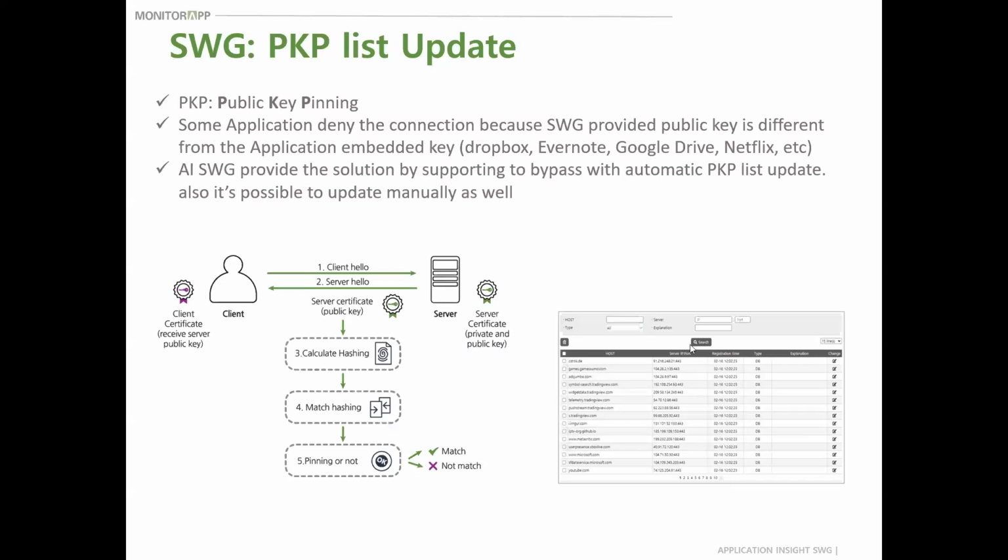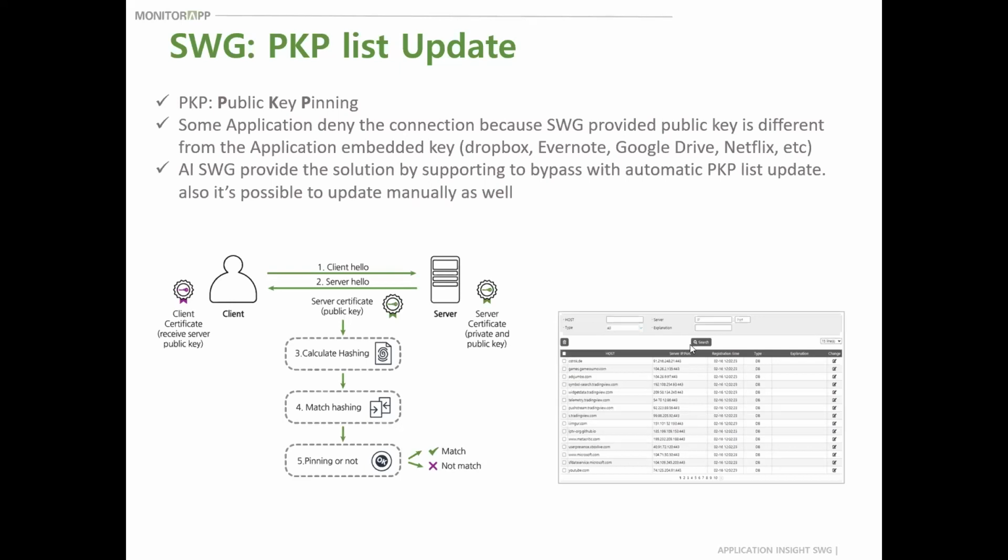When you're talking about SWG, the PKP list is also very important. Here, PKP means public key pinning, and this is required because some applications, especially native apps such as Dropbox, Evernote, and Google Drive, deny the SSL connection because the public key SWG provides is different from the key embedded in the application.